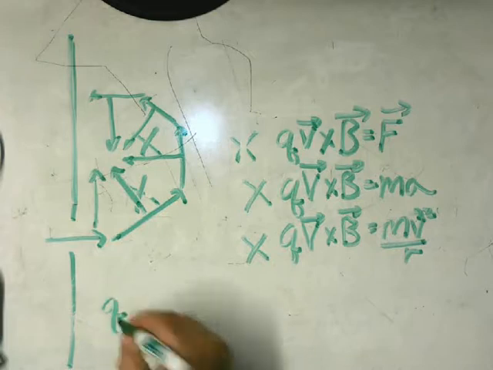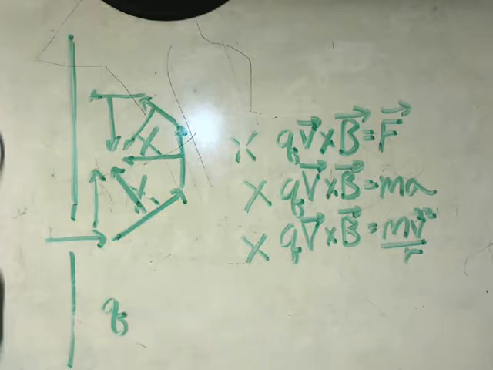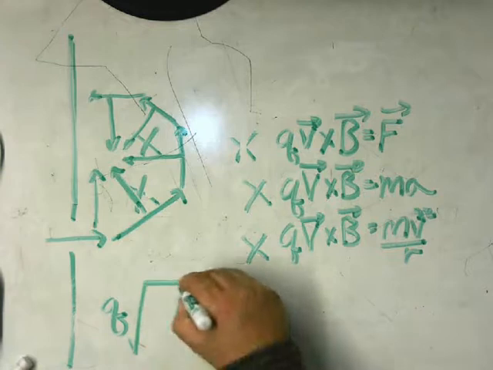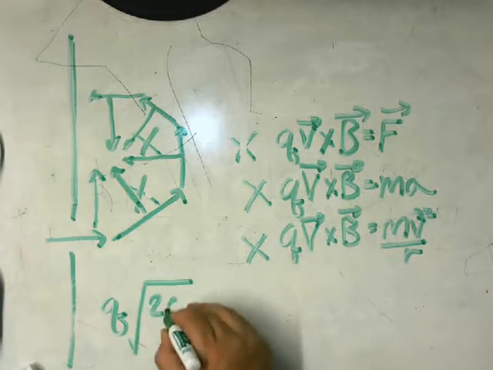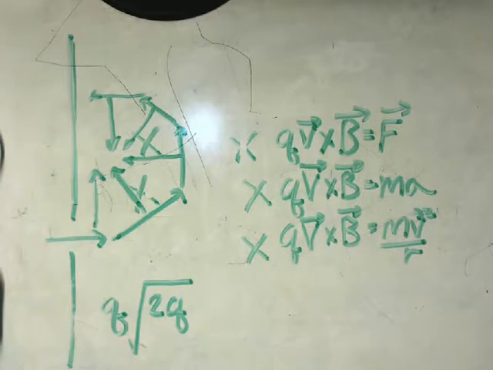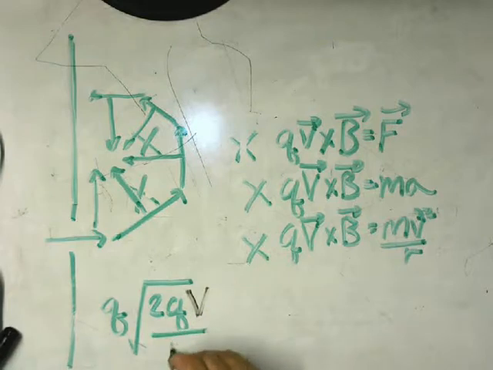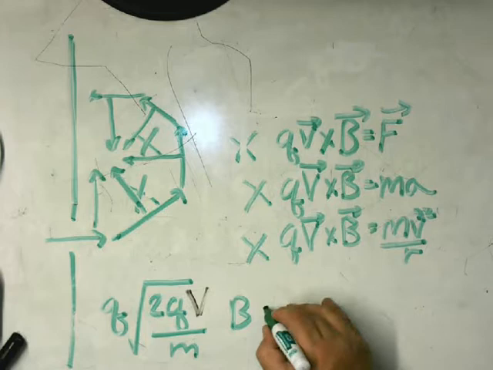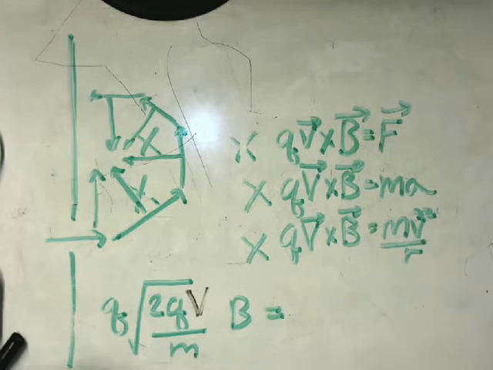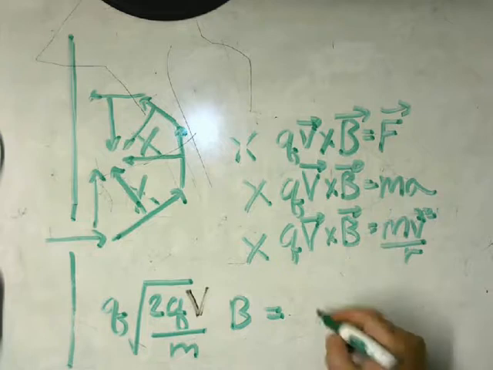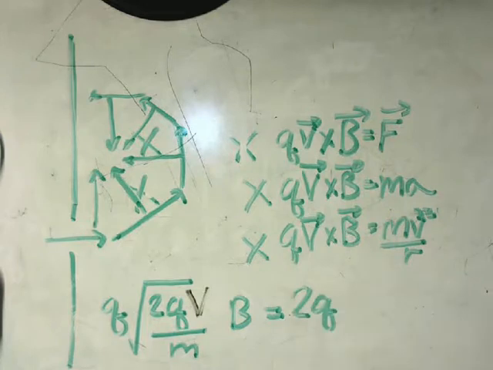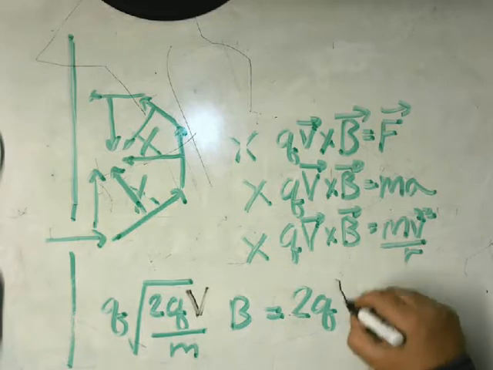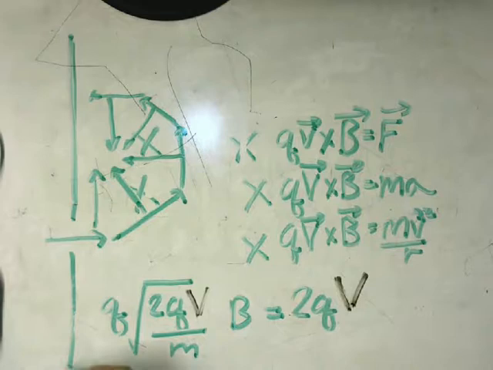Now, instead of the velocity term, it's the velocity that we solved for in the first part, which is going to be the square root of 2 times q times V over m, times B. I'm going to drop the cross product because everything is perpendicular, is equal to this, remember, turned into, jumping the gun, 2q v over r. Okay?